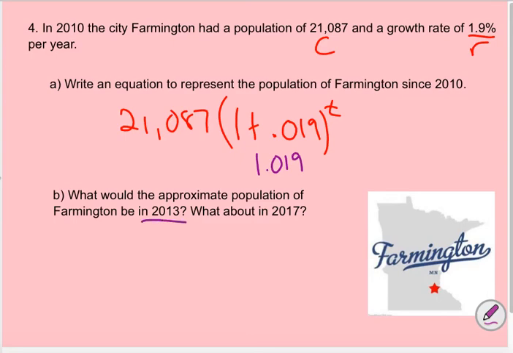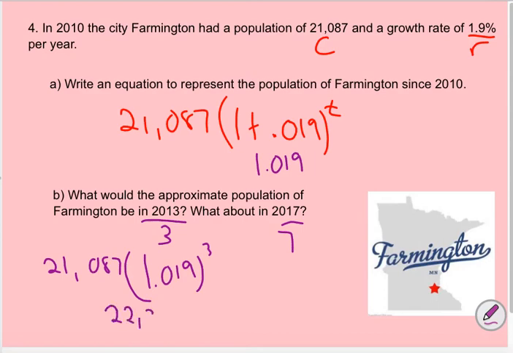So what's it going to be in 2013? What's it going to be in 2017? Well, 2013, that's 3 years. 2017, that's 7 years. So I'm going to take 1.019 raised to the third times 21,087. So that gets me 22,311.94.